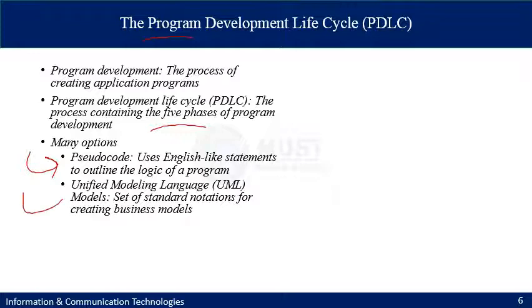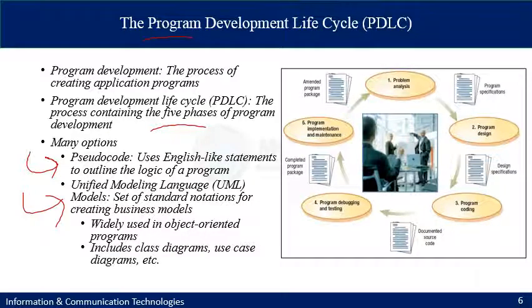Or you can use unified modeling language models to represent other process cycle phases such as the design phase and the requirement phase. These models represent a set of standard notations for creating business models, and they are widely used in object-oriented programs. These include class diagrams, use case diagrams, state diagrams, etc.